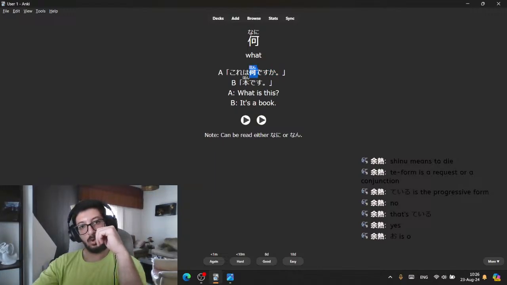So what is this? これは何ですか？本です。It's a book.